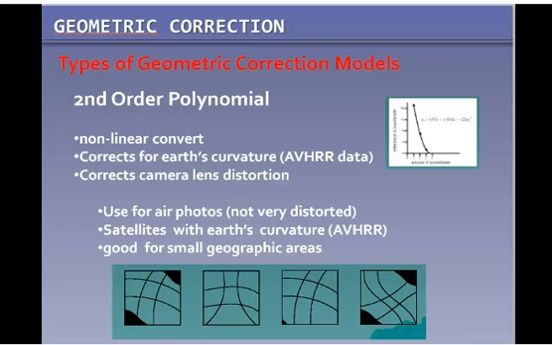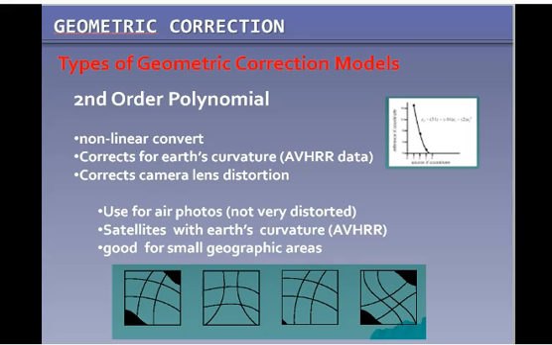If we increase that to a second order polynomial, it can still do all of that. It can shift where the image lies, it can rescale the image, it can rotate the image. But now, in addition, it can actually stretch across the pixels if it needs to account for the differential size on the ground that each of our different detectors is recording from. So this does allow us to correct for the curvature of the Earth, or those camera lens distortions, or those off nadir angles.